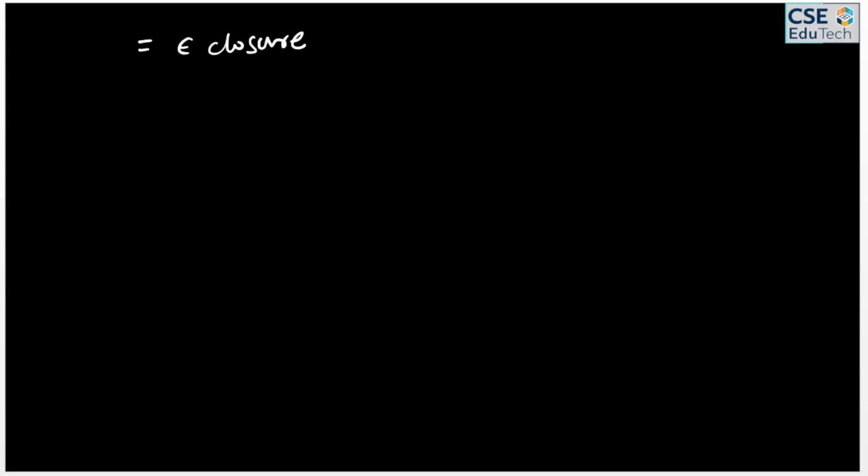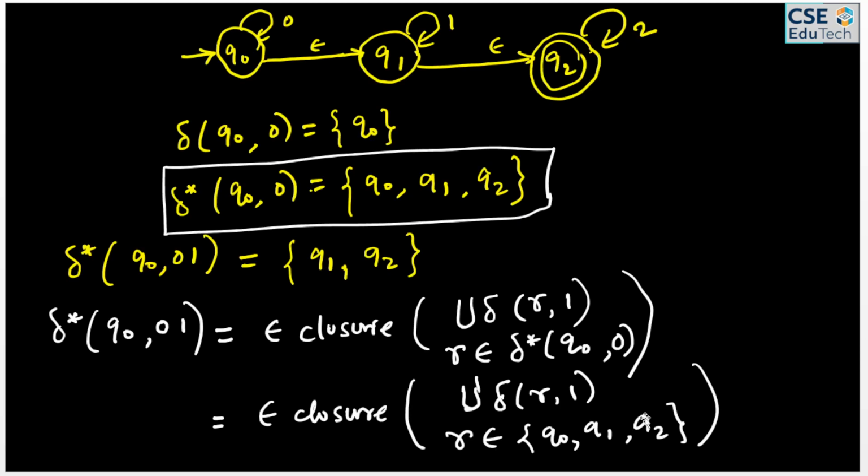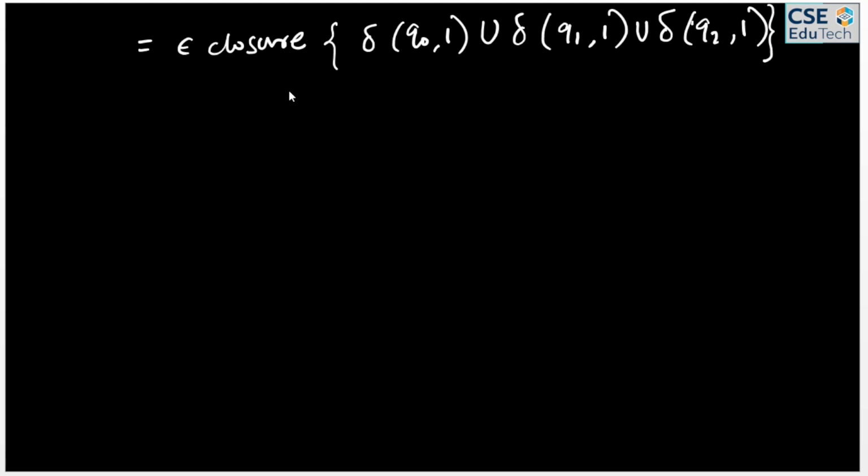Now we can write del Q naught 1 union del Q1 1 union del Q2 of 1. Look here, 1 is the input, so this applies to Q naught, Q1 and Q2, and all are united. Further, the epsilon closure of, so now go to this diagram.